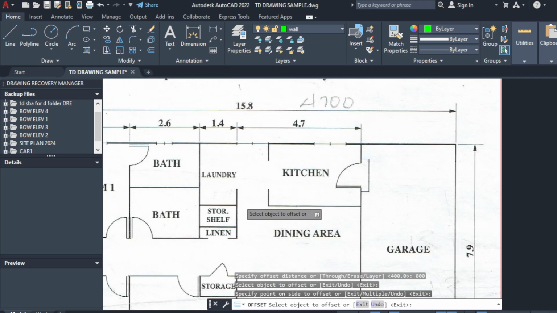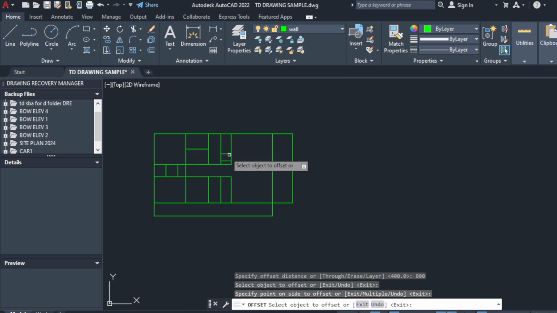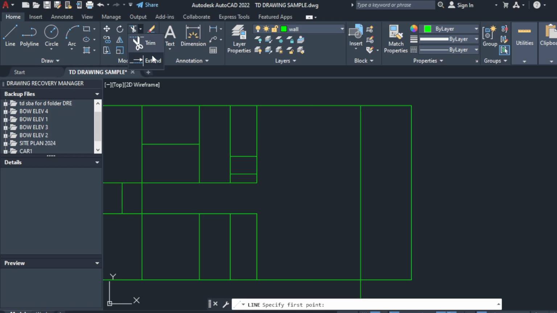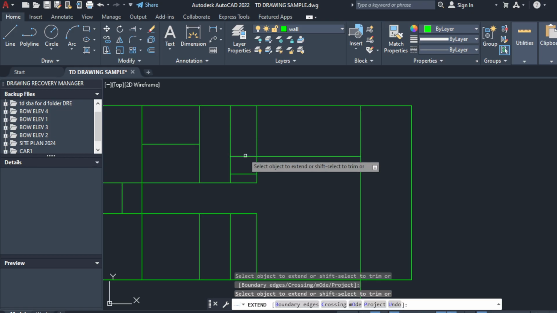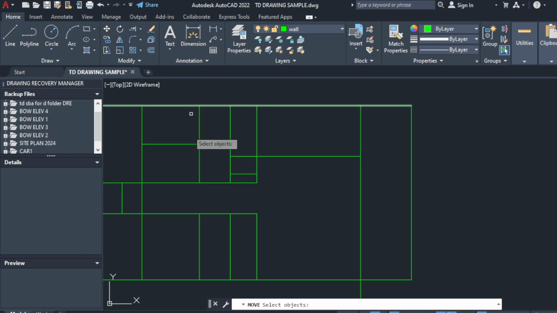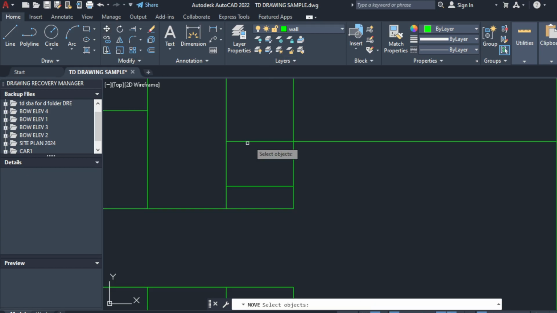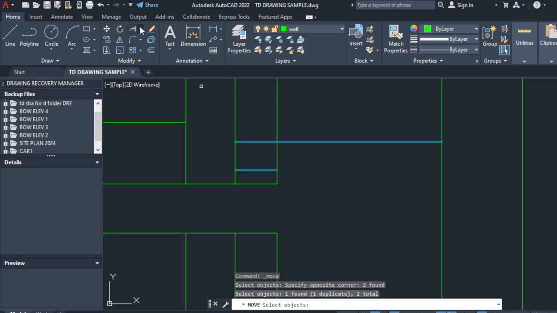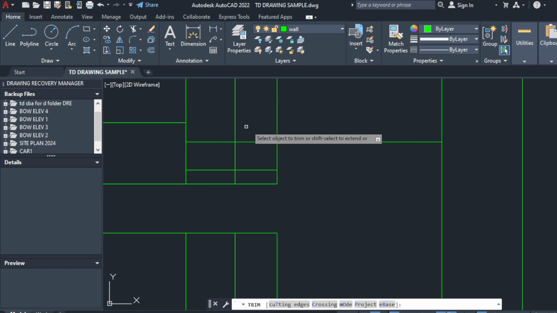And from my storage shelf, I'm just going to draw across this line. I'm going to extend this line here. Alright, so this is supposed to be actually here, so I'm going to extend this here. Extend this here. And I'm going to trim out this.